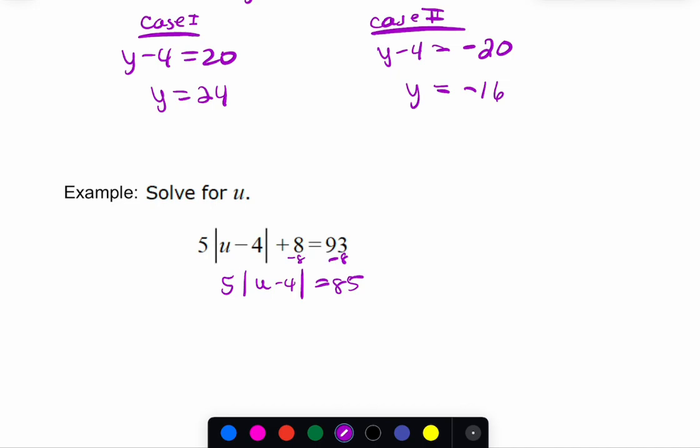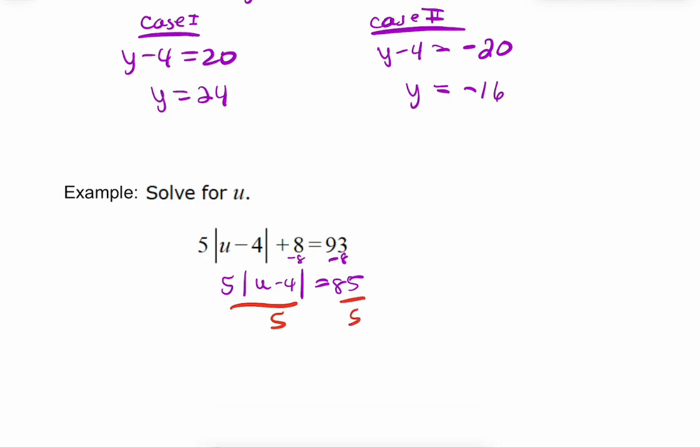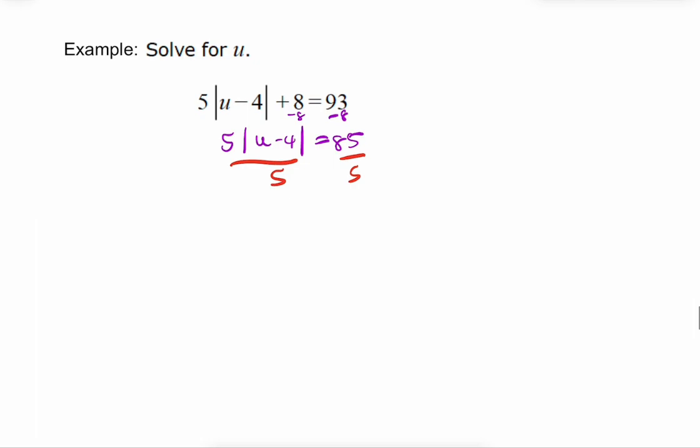But if both sides are divisible by 5, my suggestion would be just divide by 5. So let's divide both sides by 5. If you divide both sides by 5, you get the absolute value of u minus 4 equals 17.